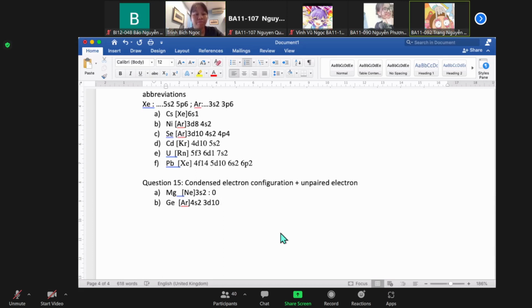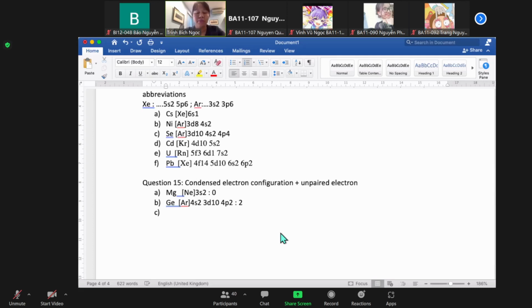And then 4p2. 4p2. Okay, so how many unpaired electrons we have here? 2. Okay, vì ở phân lớp p này ạ. 2 electron, 2 unpaired electron.